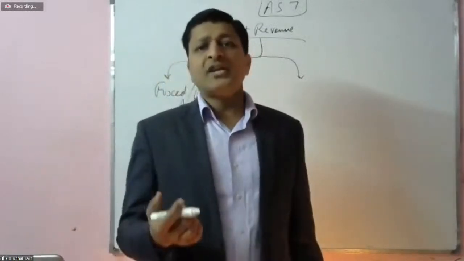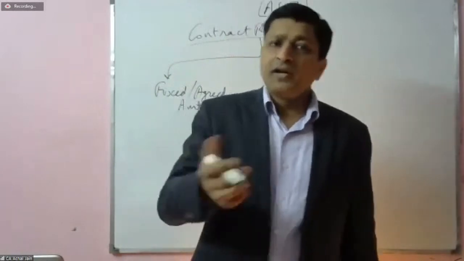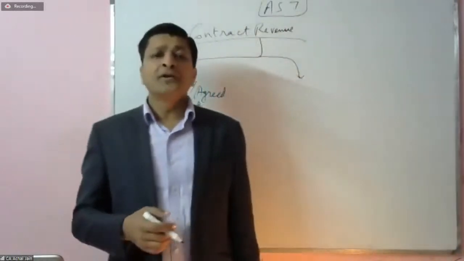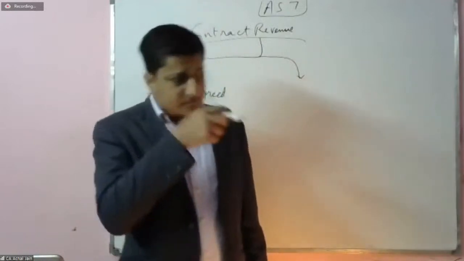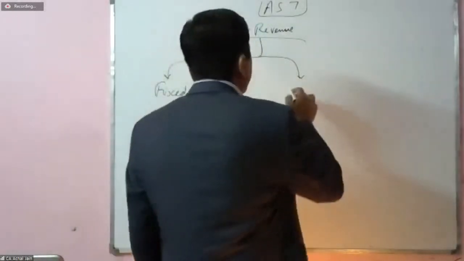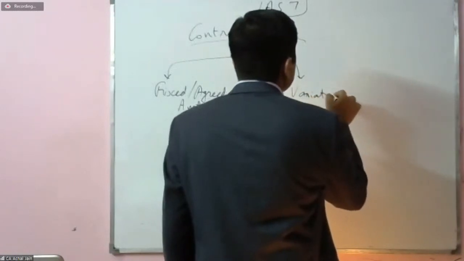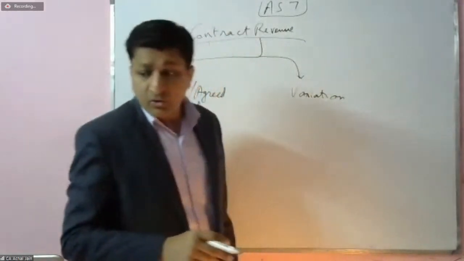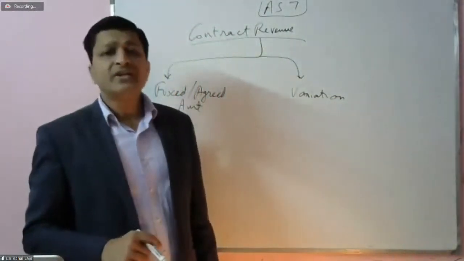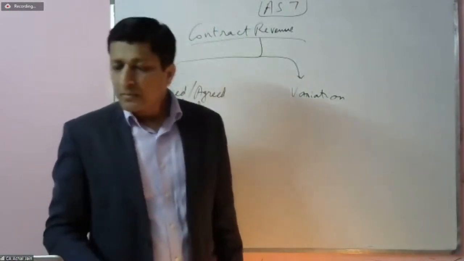Because of the variations, the cost will go up, and if the cost goes up, definitely the amount of contract revenue will also be increased. So one part which can have an impact on the contract revenue happens to be variations in the contract. Number one.